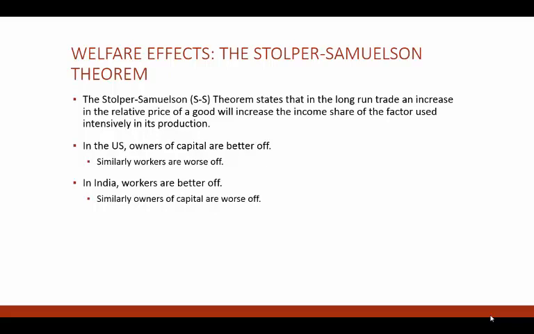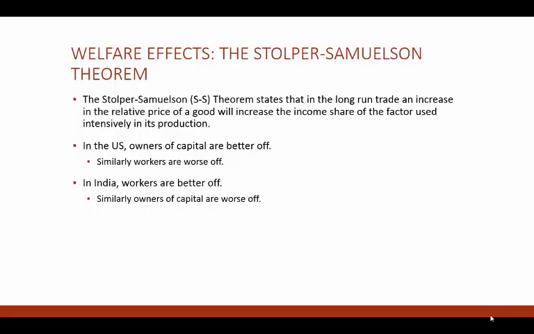The welfare effects of trade alluded to earlier can now be seen and is summarized by the so-called Stolper-Samuelson theorem. It states that in the long run, an increase in the relative price of a good will increase the income share of the factor that's used intensively in its production.